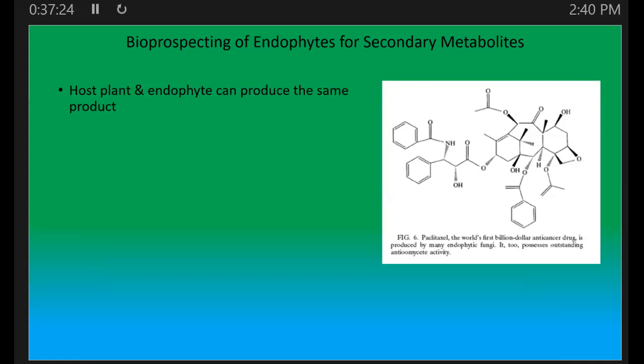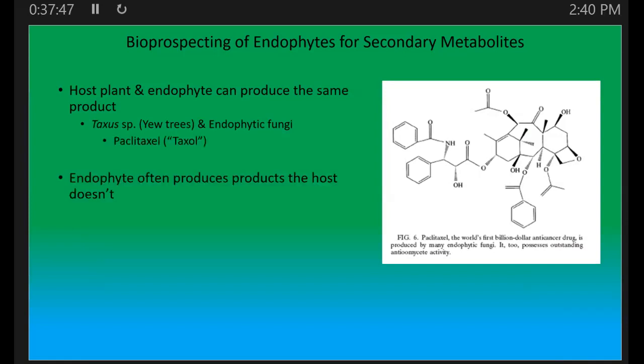And then don't forget about the endophytes. When the plant is living, of course, it has plenty of endophytes in it. Some of the endophytes are producing really interesting secondary metabolites that perhaps the plant itself cannot make. Some of them produce the same thing, like the Taxol drug that we talked about, but often they don't.